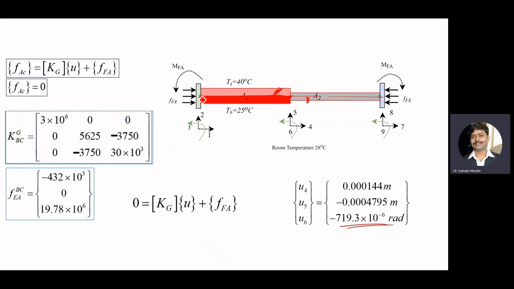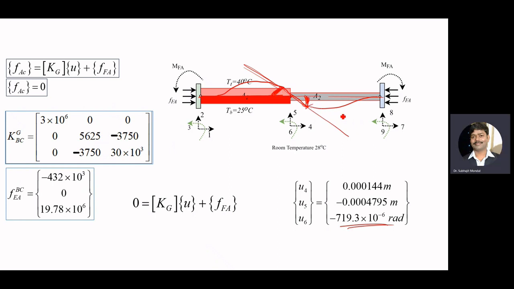To maintain that, the beam is going to deflect like this. Like this. So here, this is your negative. You can draw the tangent here. So here, this is clockwise, like this.